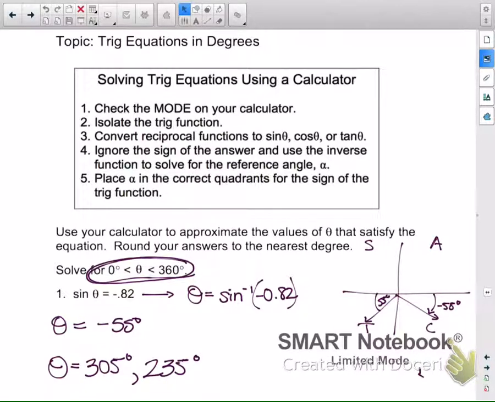So your calculator, this is the tricky part of this. When using your calculator, it's not going to necessarily give you all of the right answers. Typically, I do expect 2 answers for each of these. There are certain cases in which you only get 1 answer, and that's okay. You will just have to think about that.